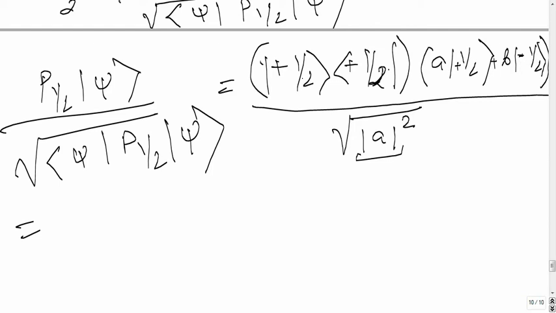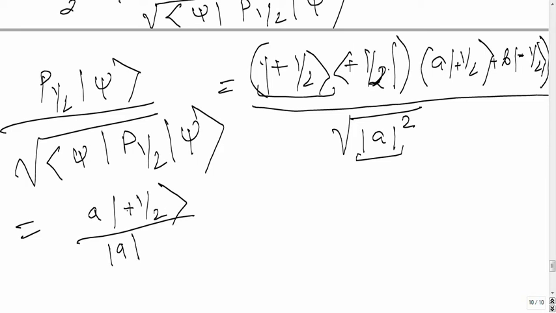So the first term would survive, and this ket would come out like this, and the square root of the magnitude squared of the complex number a would give simply the magnitude of a times the plus half state. Note that any complex number divided by its magnitude is a complex number which has only a phase and unit magnitude. So this is nothing but a phase.